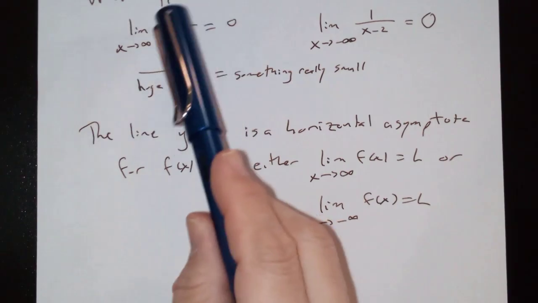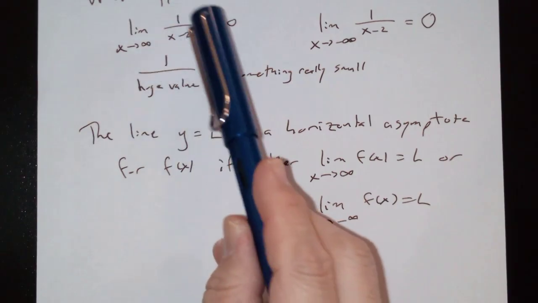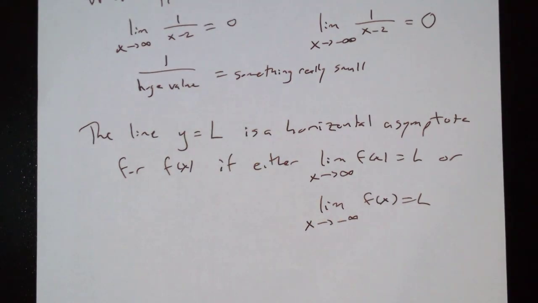What kind of a function is this? Say again. Rational. Every rational function has at most one horizontal asymptote.